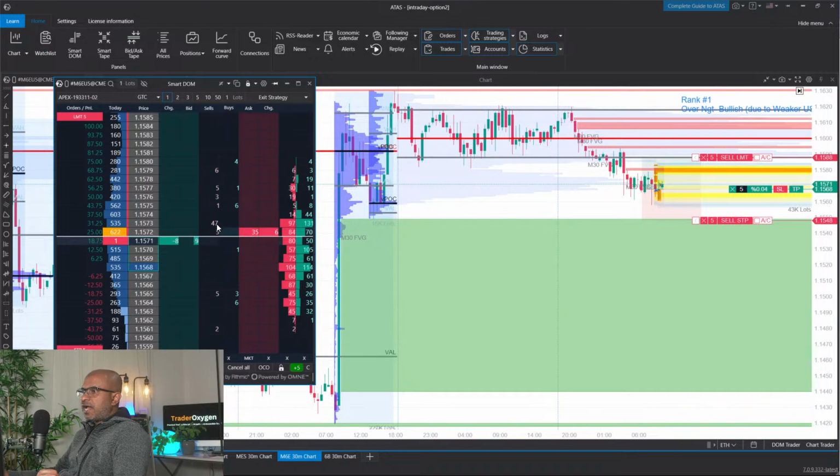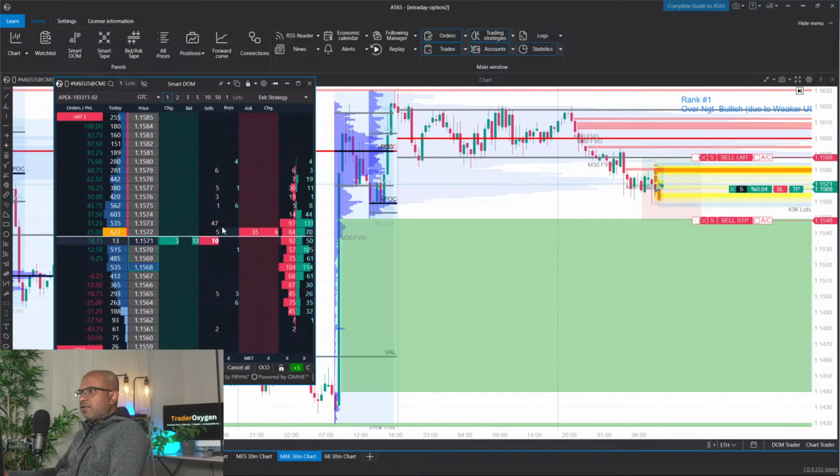Actually this one, active sellers, 47. So aggressive selling has happened over here. Then again, if you look at the rightmost corner, you can see the final selling contracts and buying contracts for that situation.